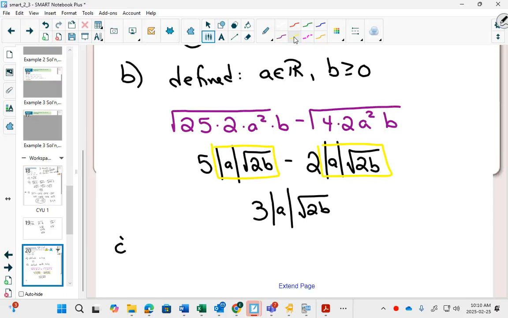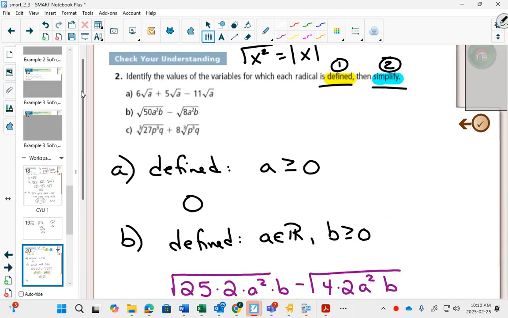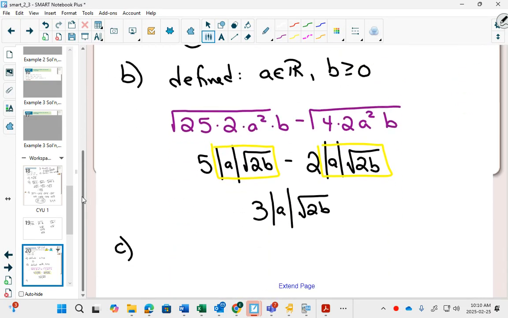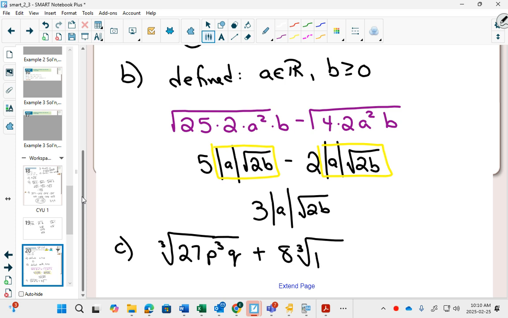And then part C, again, they're not simplified. We have cube root of, I'll just rewrite the question to start with, and then I'll do that one step in purple, 27p cubed q plus 8, oh, actually, p cubed.